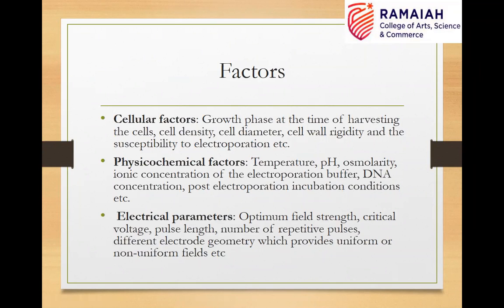These are all the physicochemical factors that affect the process of electroporation. The electrical parameters include optimum electric field strength, voltage, pulse length, number of repetitive pulses, and electrode geometry, which provides uniform or non-uniform fields. These are all the electrical parameters of electroporation that play a role.